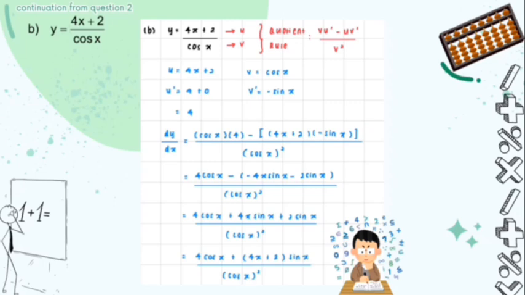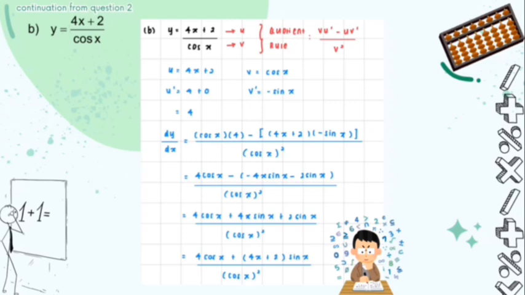After expanding, we will get (4 cos x plus 4x sin x plus 2 sin x) divided by cos x squared. Now, we notice that both terms, 4x sin x and 2 sin x, have a common factor of sin x. So, we can factor it out to simplify the expression.